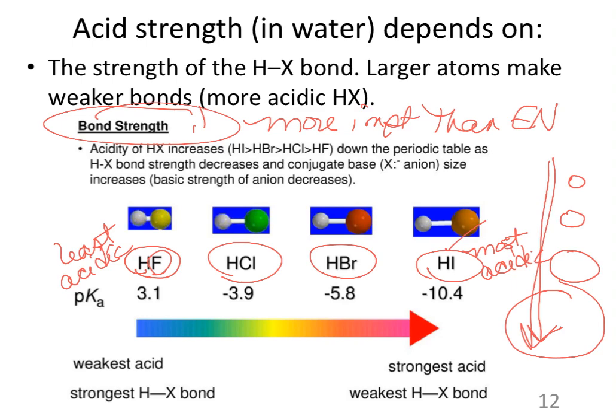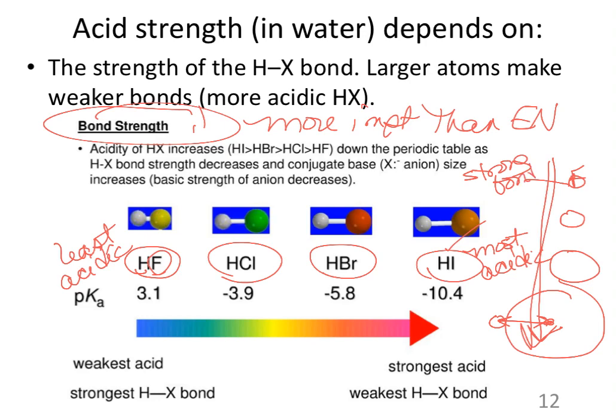It turns out that the larger an atom is, the weaker it bonds with other substances. Kind of makes sense, right? Because if you have a really large atom, it can't get very close to any other atom to make a really strong attracting bond. And so fluorine makes very, very strong bonds.